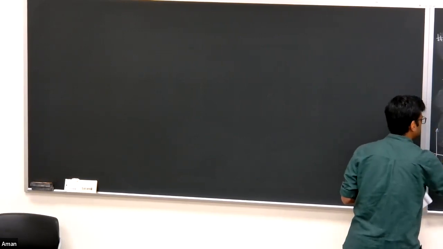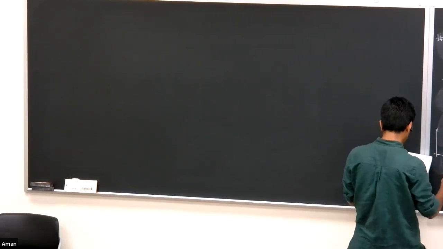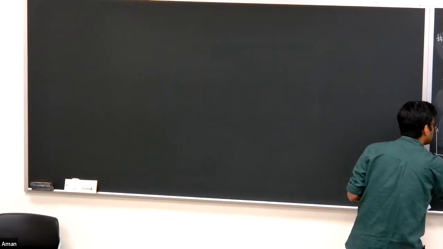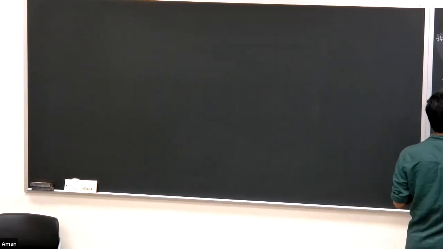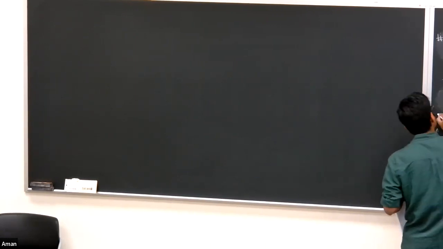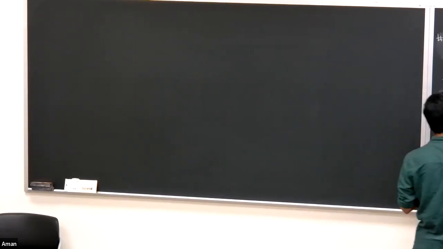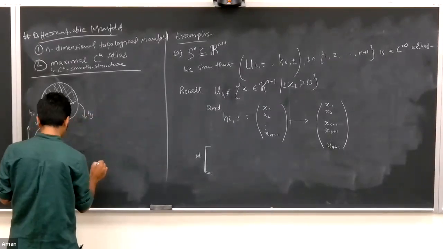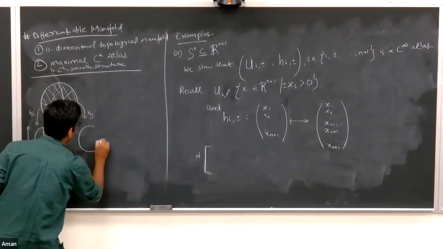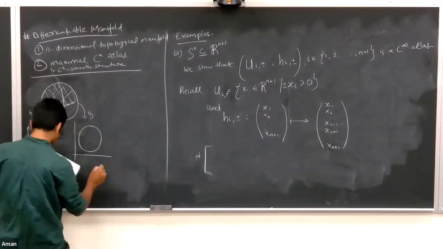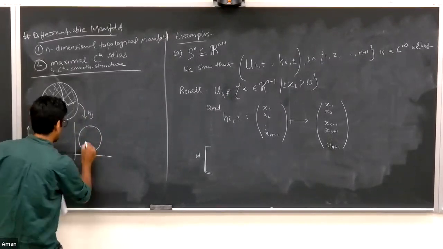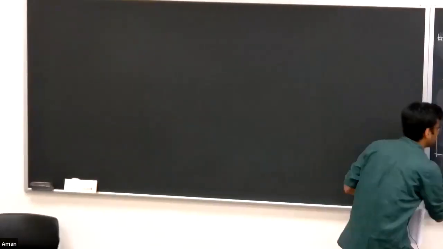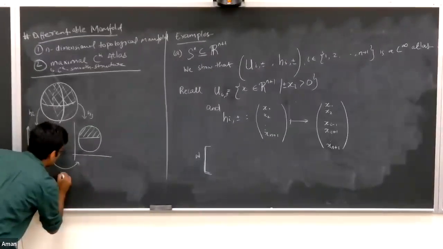The origin is in the middle, and the overlap is in this part, so half of that, and this is what your h_i would look like. Let's say there's an h_j, and you have a transition omega from here to here.